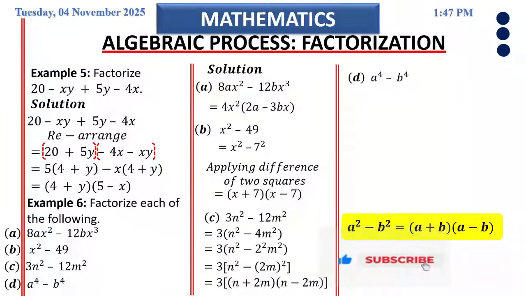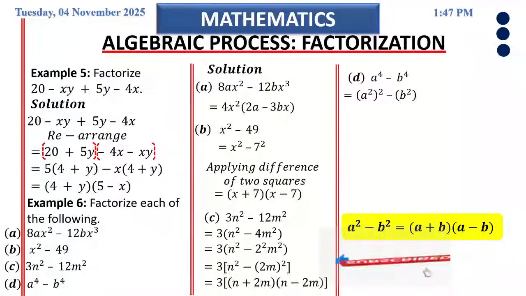For the fourth question, you have something very interesting. If you look at it very well, what we see here is raised to power 4, raised to power 4. The only known simple element for the simplification is difference of two squares.